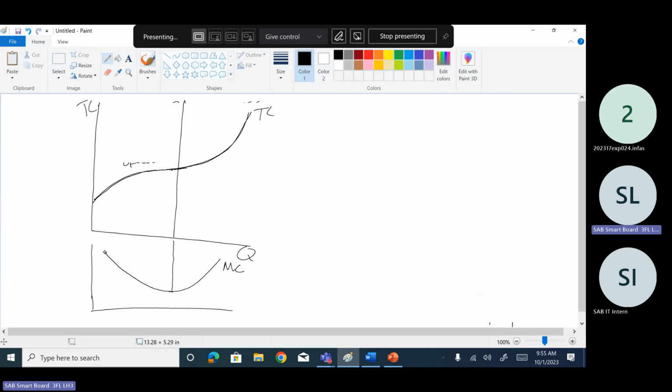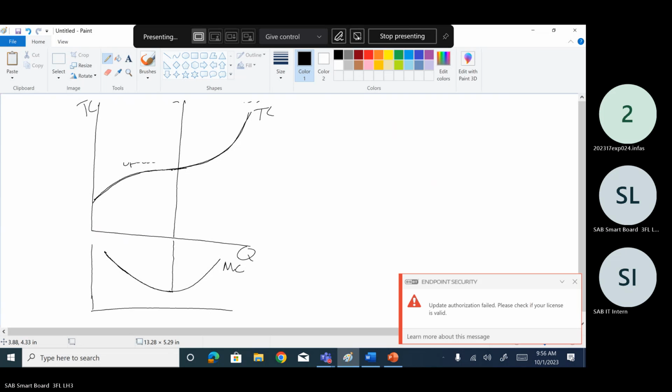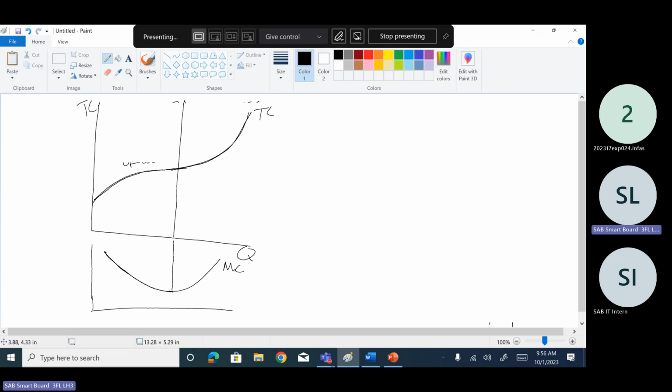The marginal cost increases. In that range, if you take the marginal productivity, that's positive, increasing. So if you compare with this, the marginal productivity is actually increasing.